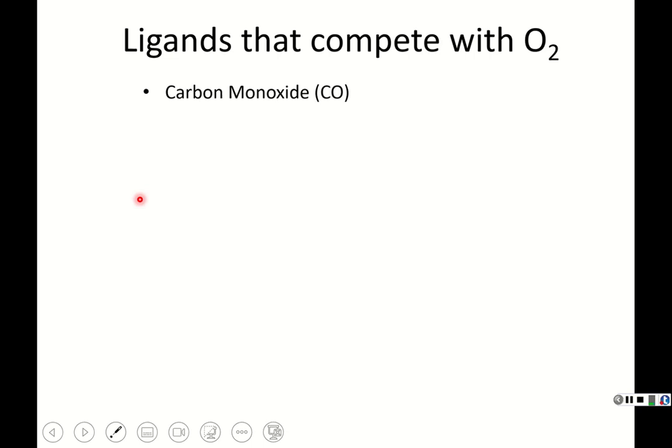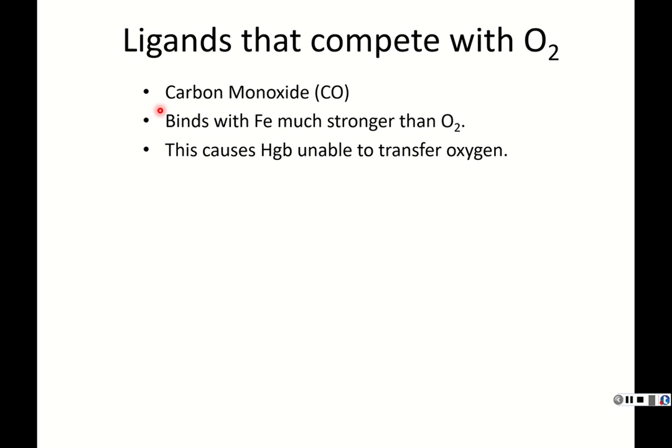There are some ligands that can compete with O2. One of the most dangerous ones is carbon monoxide. It actually binds with iron much stronger than O2 does. And that causes hemoglobin to be unable to transfer oxygen. The binding of carbon monoxide acts just like oxygen when it does that.